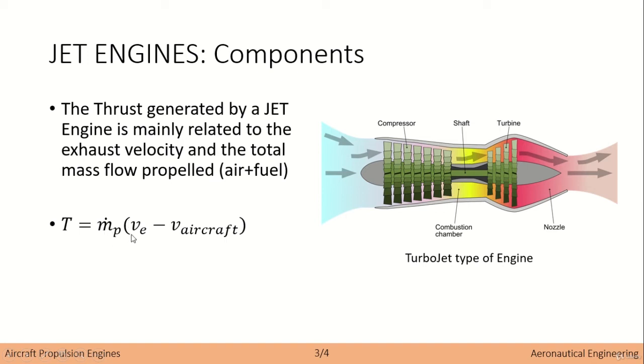So the amount of mass, the kilograms per second that we are expelling, multiplied by the velocity of ejection minus the velocity of the aircraft, because this velocity is relative to the velocity which we took in at the inlet of our engine. So the idea is just this: the difference of velocities multiplied by the amount of flow which is propelled. This is the thrust. This is the basic definition of thrust.